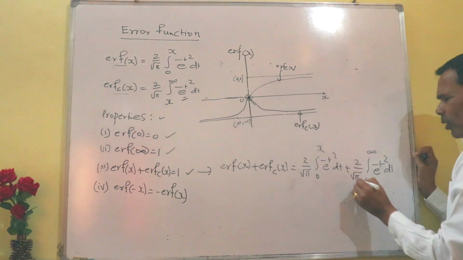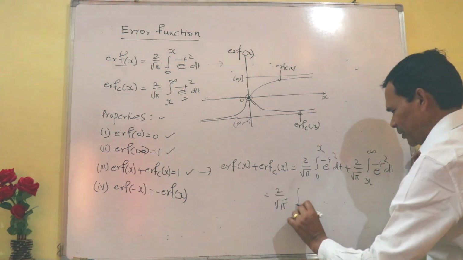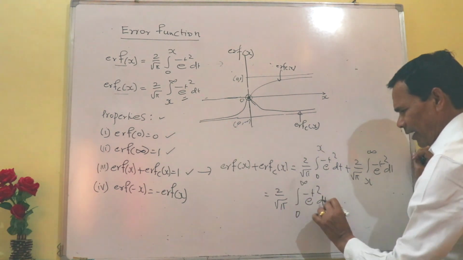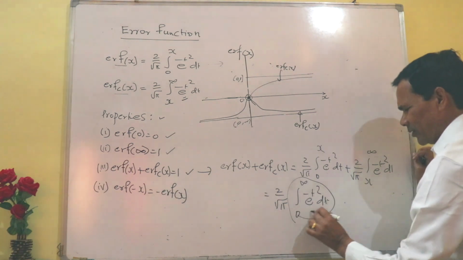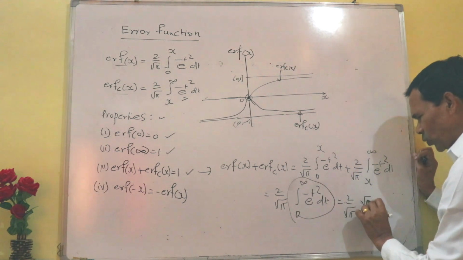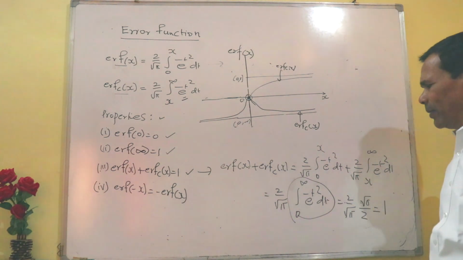Now by using the properties of definite integrals, you get the integral 0 to infinity e raised to minus t square dt, and this is a standard integral whose value is root pi upon 2. So that's why the sum of the error function and its complement is always equal to 1.